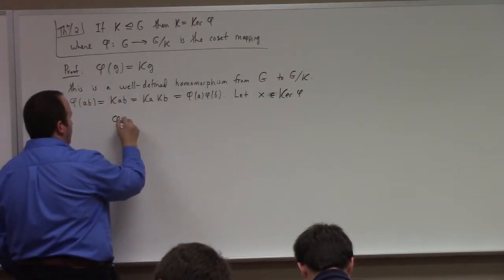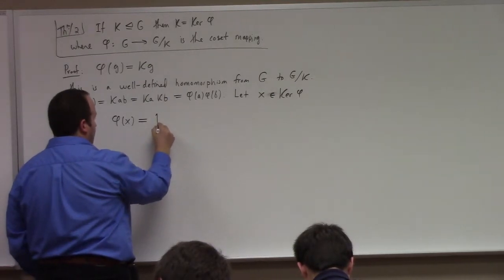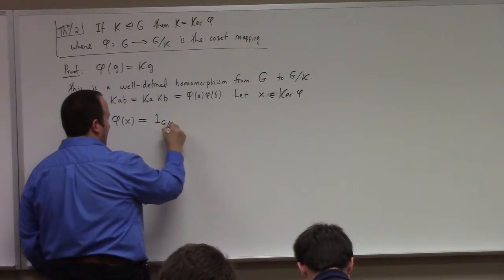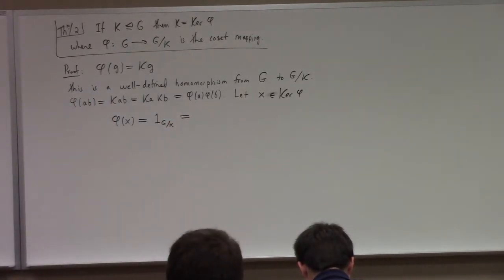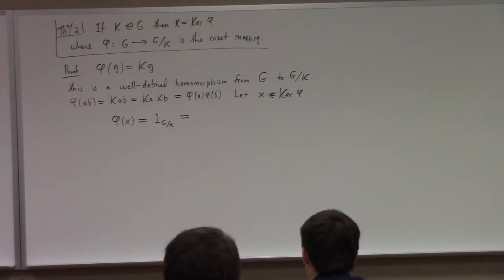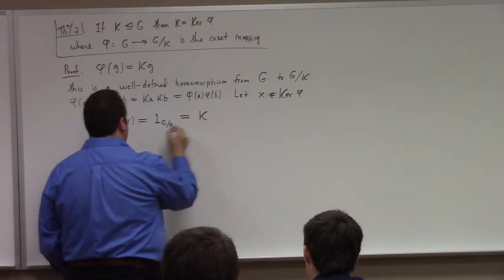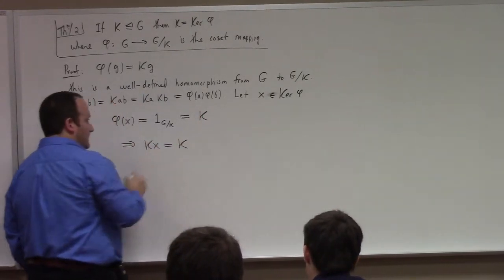That means that phi of x is equal to 1, the 1 for G mod K. What is that, though? It's just K. So in other words, we have that Kx is equal to K, right?